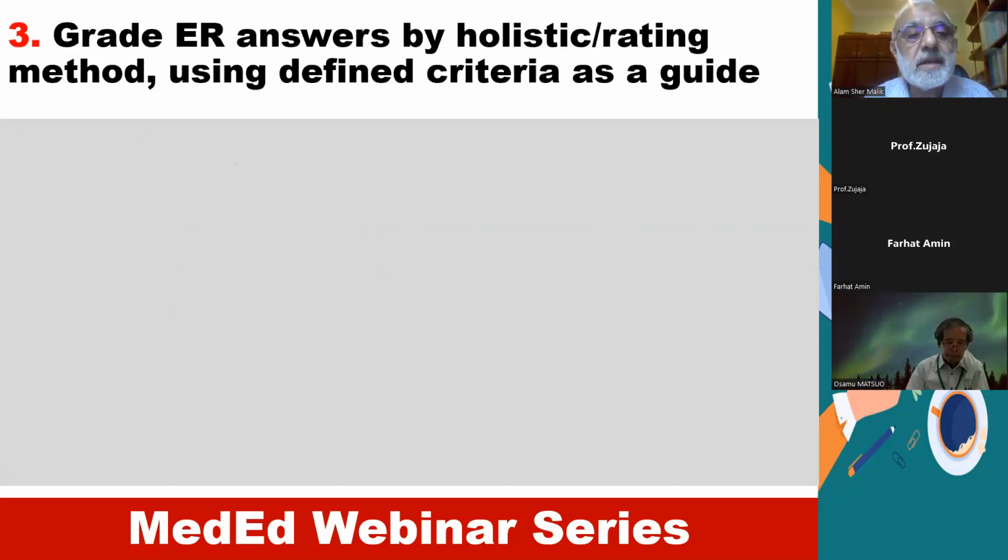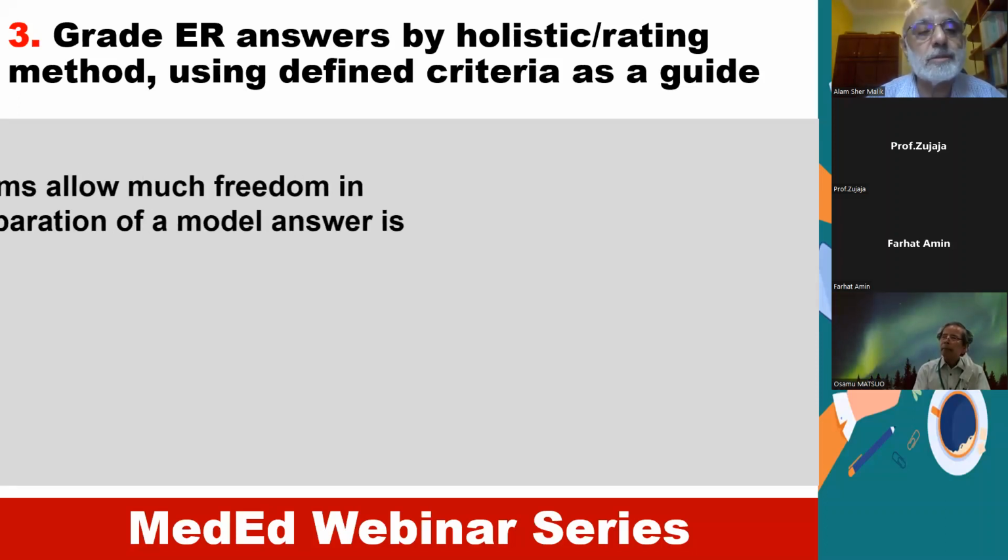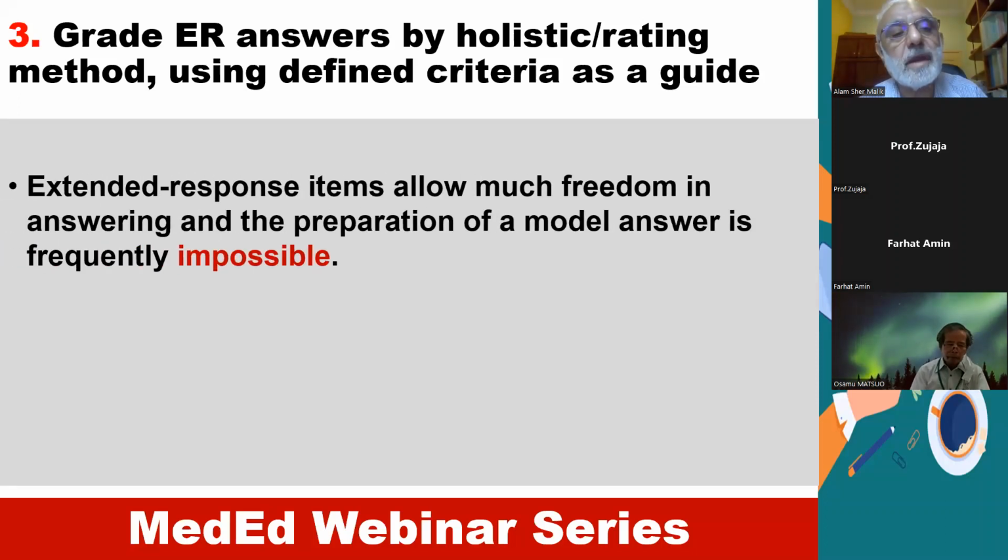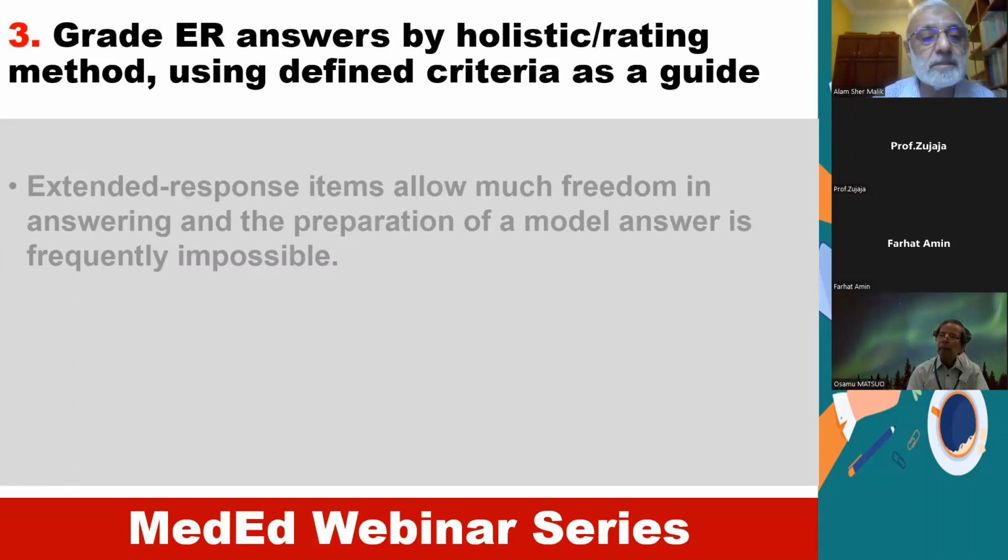Now, grade extended response answers by holistic or rating method using defined criteria as a guide. The model answers, which I have just given an example, may not be possible to write for extended response answers.